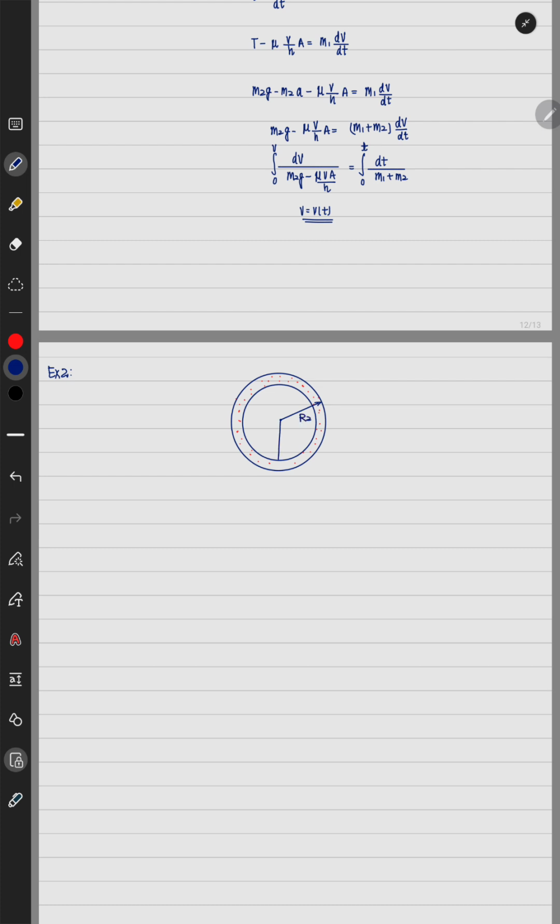The inner cylinder radius is given by r1. The inner cylinder is rotated with angular velocity omega. The outer cylinder remains fixed. It is not rotating. It is rotating about the axis, the center of the concentric cylinders.